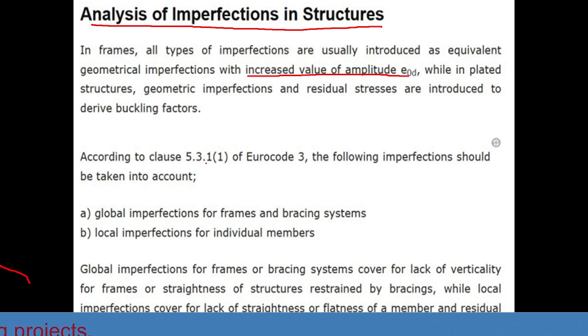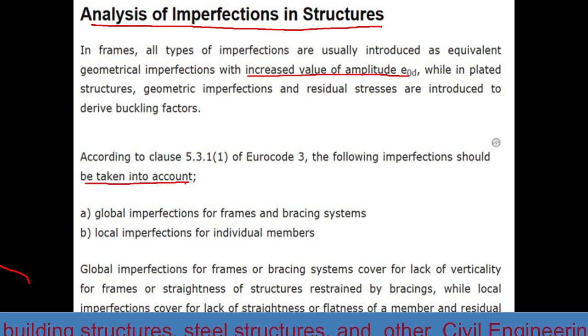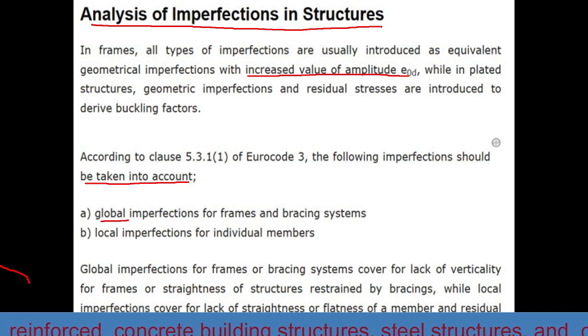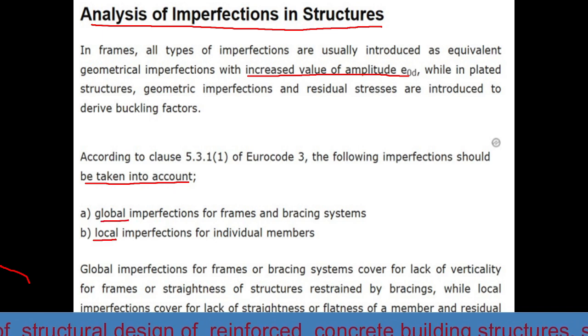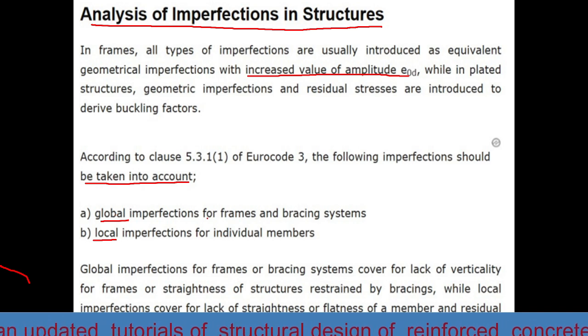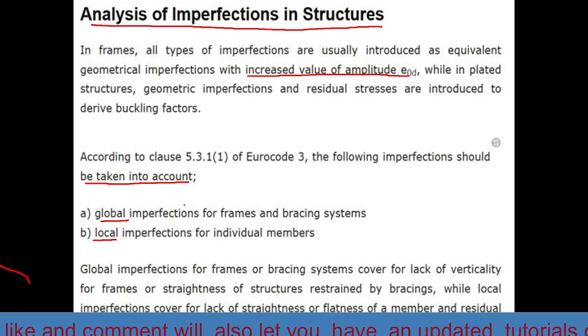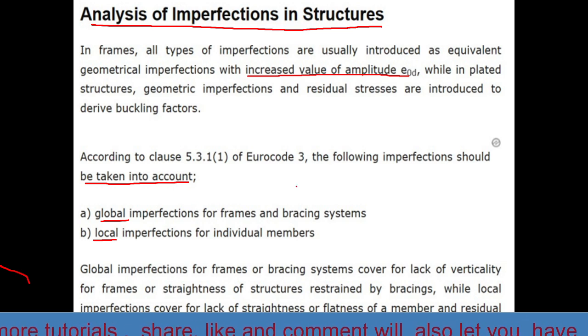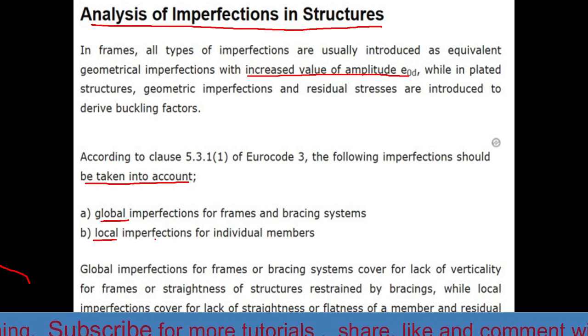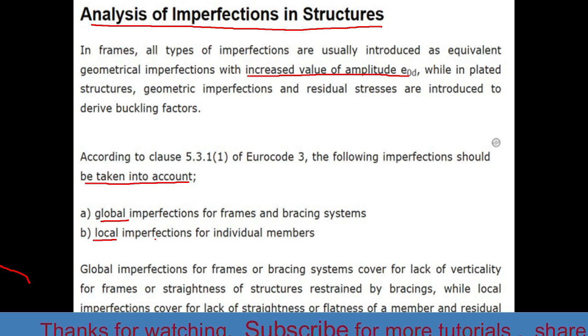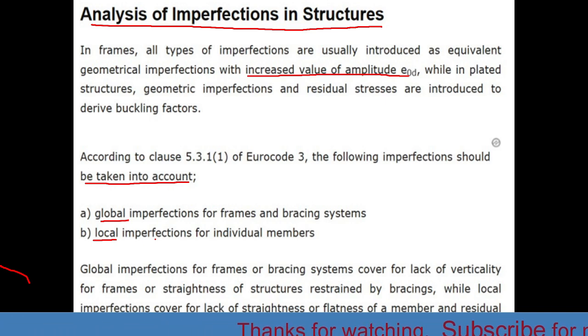According to clause 5.3.1 of Eurocode, the following imperfections should be taken into account. The first one is the global imperfection, and the second one is the local imperfection. The global imperfection's effect is global for the whole structure, and the local imperfection is the problem of one member.